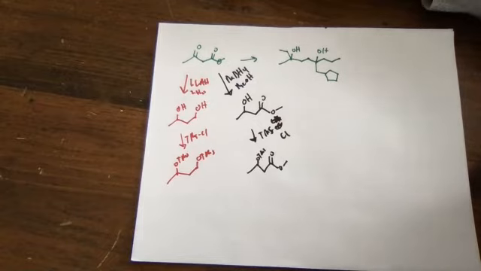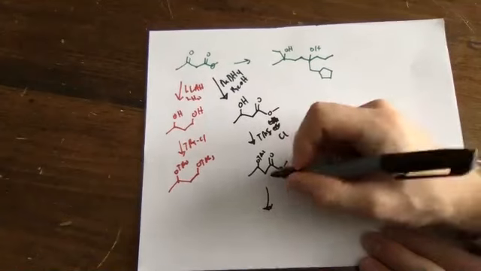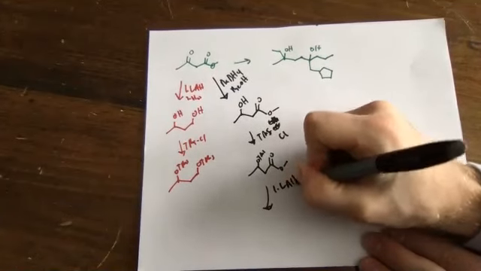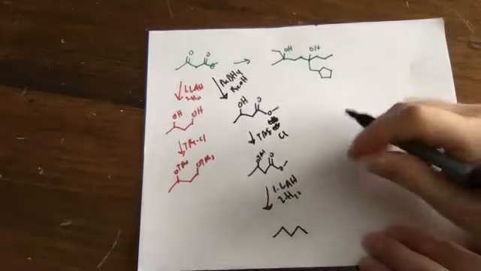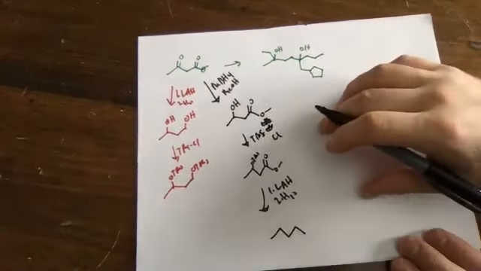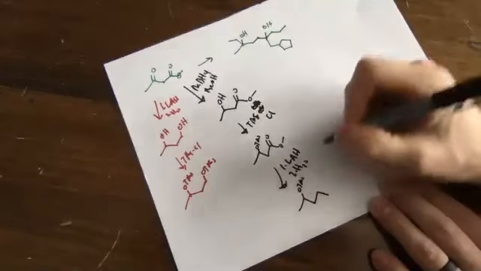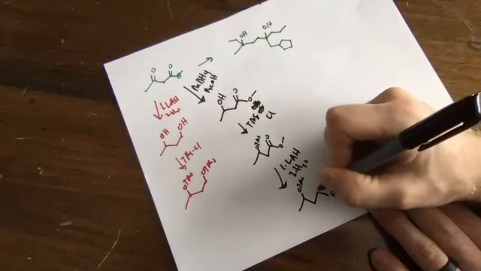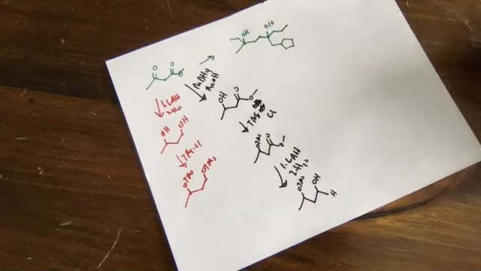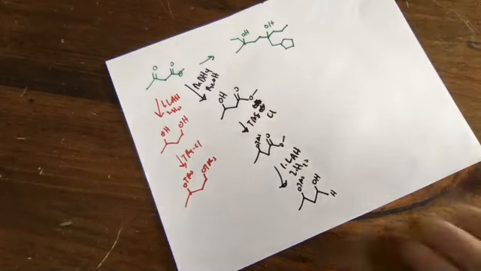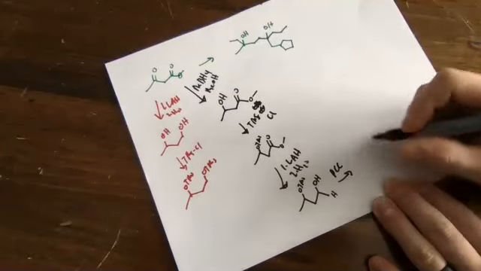So if I fully reduce this with LAH, I can make my alcohol, and then I can oxidize this to just the aldehyde with PCC.